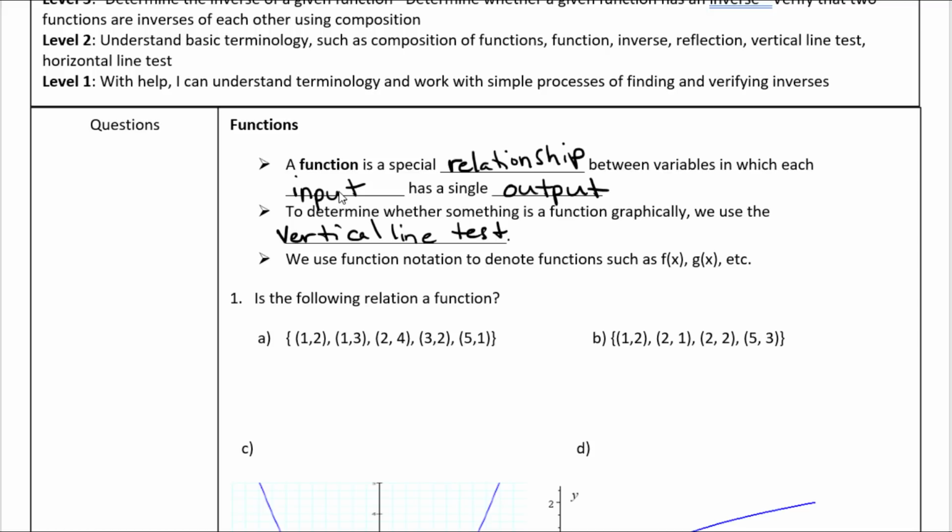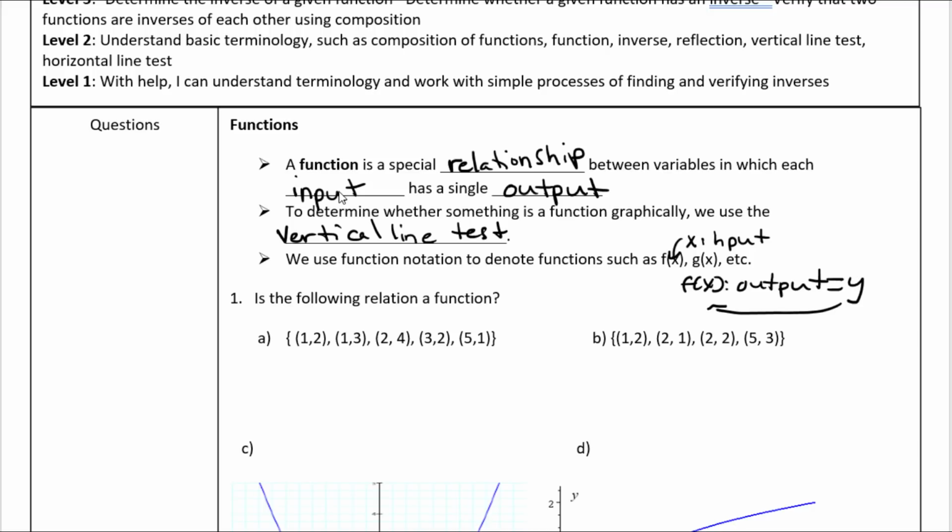We use function notation to denote functions, like f of x, g of x. In this case, x is your input variable, and f of x is your output, also known as y. So we usually use y as f of x and x as the input.